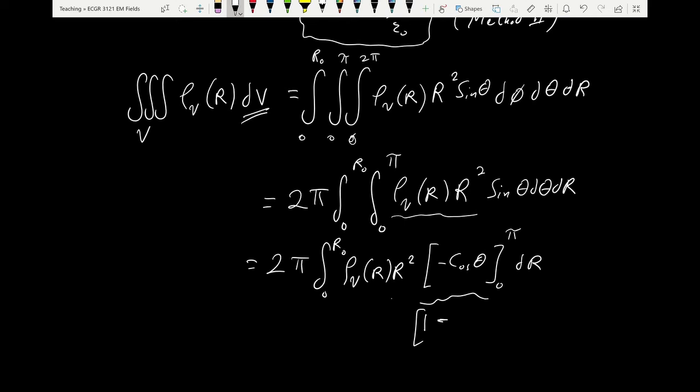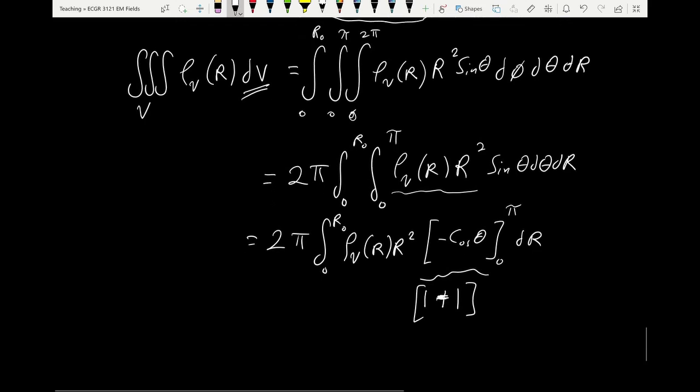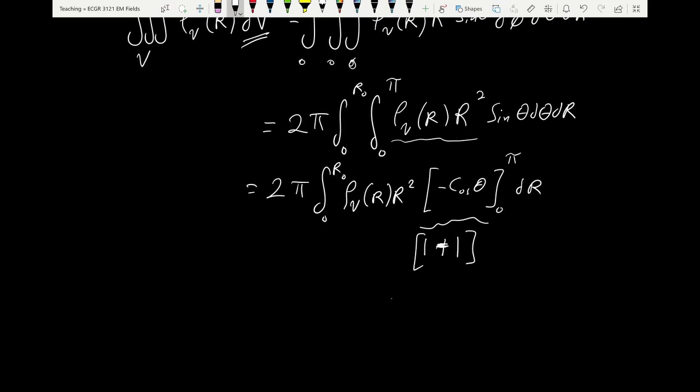No, this should be right, because I'm integrating from 0 to pi. Cosine pi is minus 1, this becomes 1, and then minus cosine 0. Cosine 0 is 1, so minus 1, this becomes plus 1. It doesn't turn to 0. I was confused for a bit. So this turns out to be 2. So we end up with 4 pi, integral from 0 to r naught of rho v r squared dr.